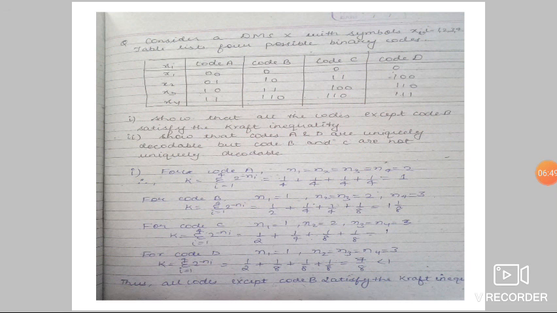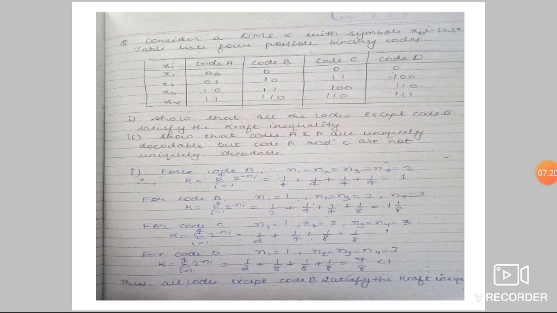For code B, x1 has a code length 1, x2 has a code length 2, x3 has a code length 2, and x4 has a code length 3. So Kraft's inequality summation equals 1 by 2 plus 1 by 4 plus 1 by 4 plus 1 by 8. We will get 9 by 8.